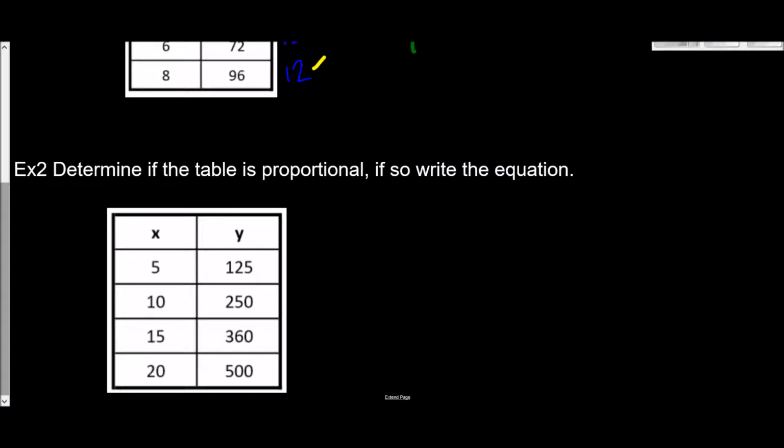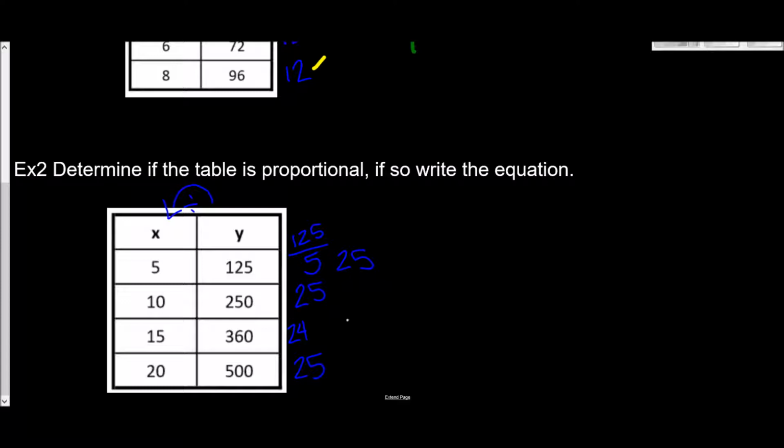For example 2, I have to determine if the table is proportional again. So again, I'm going to divide backwards. 125 divided by 5, which gives me 25. 250 divided by 10, 25. 360 divided by 15, 500 divided by 20.